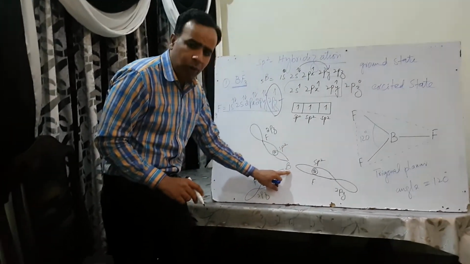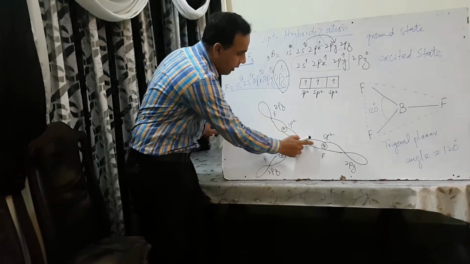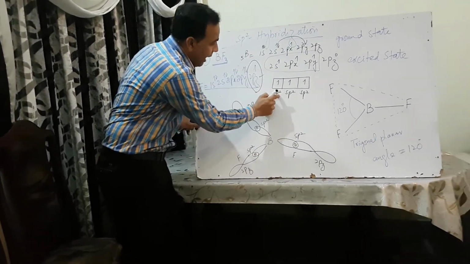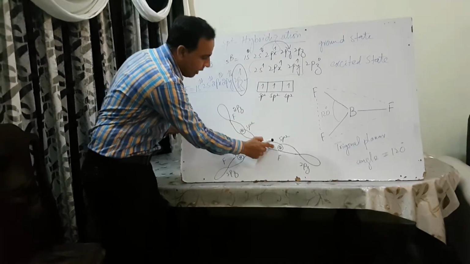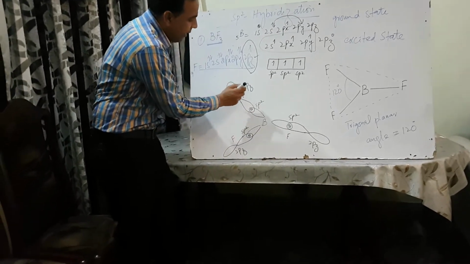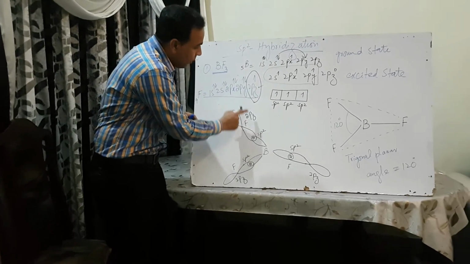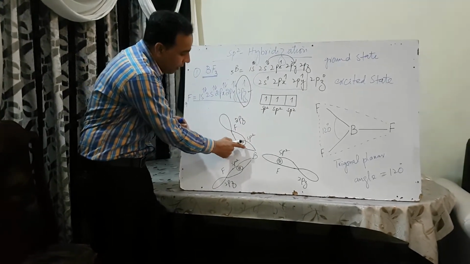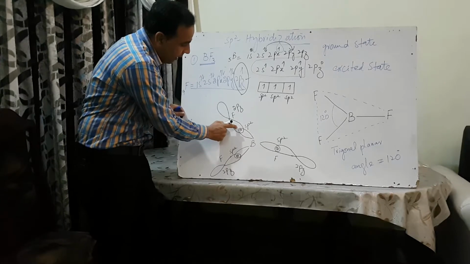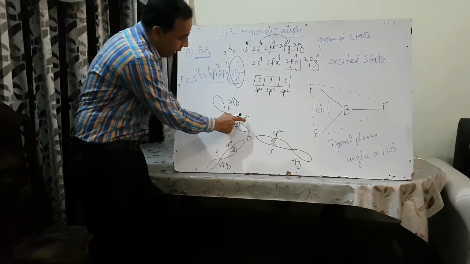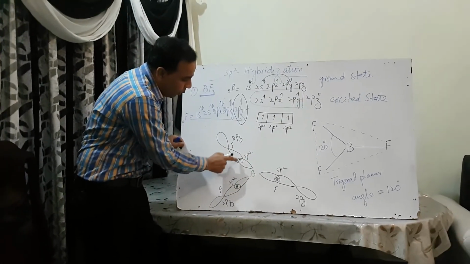Now this is the boron central atom. These are the sp2 orbitals. The 2pz orbital of each fluorine atom will combine, will overlap here, and in this way an sp2 hybridized orbital is produced.